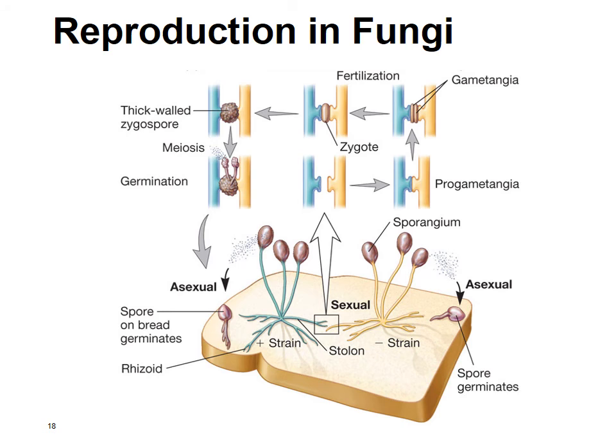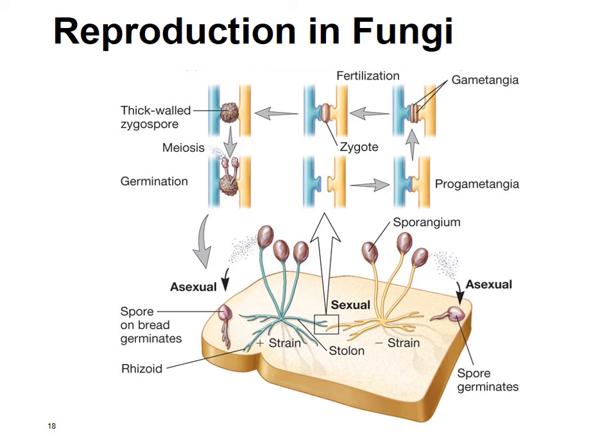Here we have an excellent illustration of a fungus that's alternating between haploid and diploid stages within its life cycle. In other words, it's alternating between asexual reproduction and sexual reproduction. This is the common bread mold called Rhizopus stolonifer.